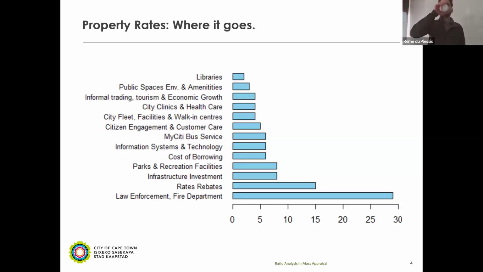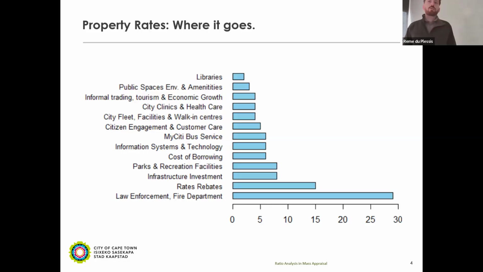And then we also contribute to the operations of the city as a whole by subsidizing our facilities management, our IT infrastructure, as well as funding some infrastructure investment and rates rebates. The largest proportion of your rates funding goes towards law enforcement. So that is your LEAP officers, your traffic police, as well as your fire stations and emergency services.